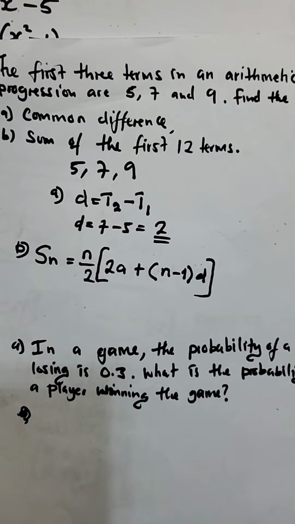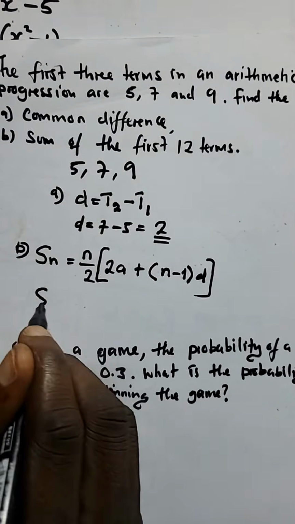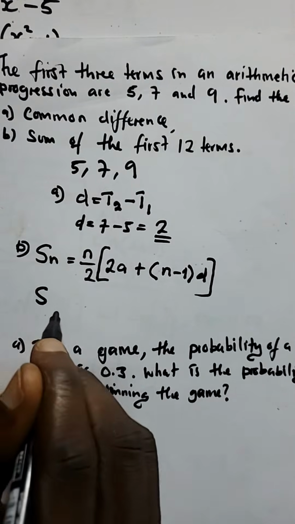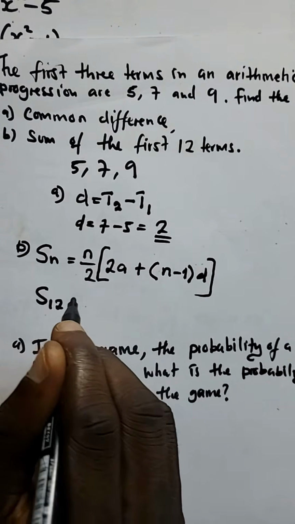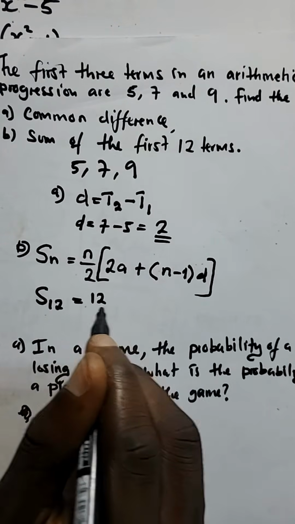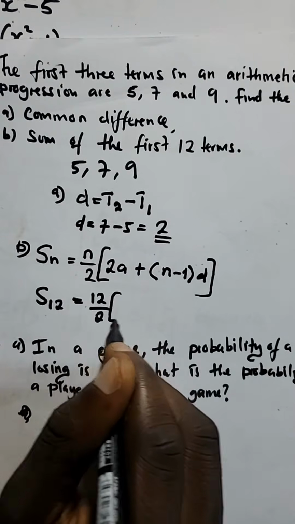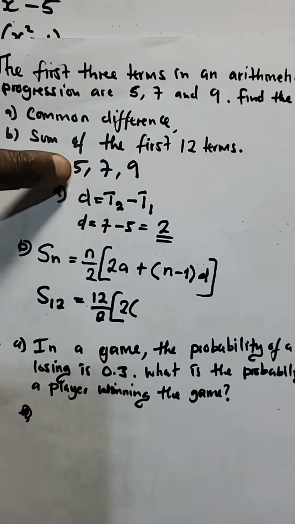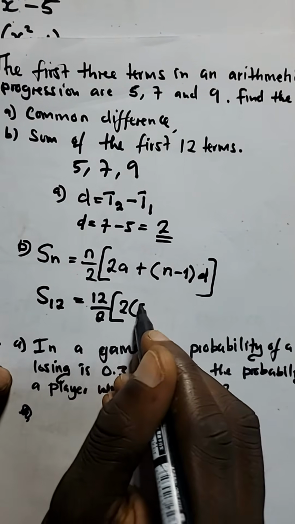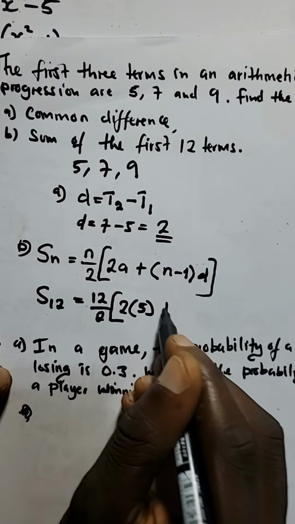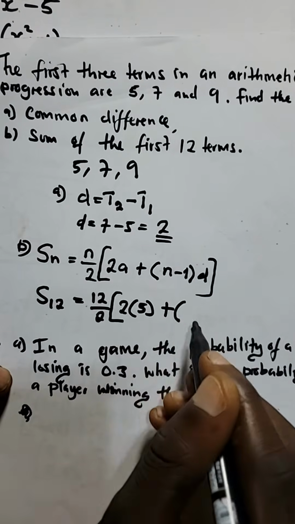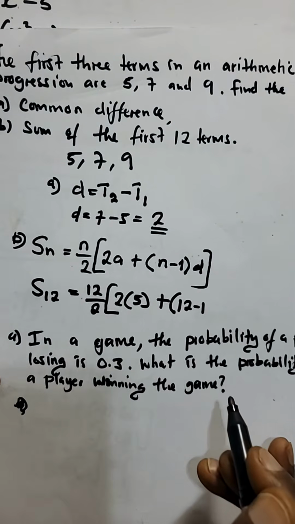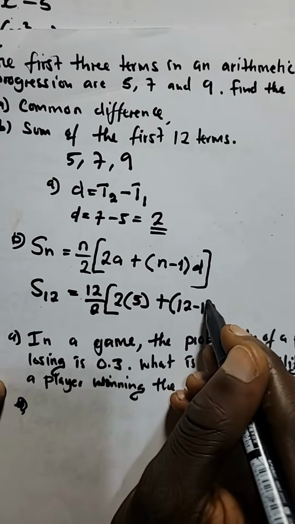Now, let's substitute. What is n? n is 12 here. So I'm going to substitute: S12 is equal to 12 over 2, then 2 times, what is a? a is the first term, which is 5, plus, open bracket, n is still 12, 12 minus 1, close bracket.